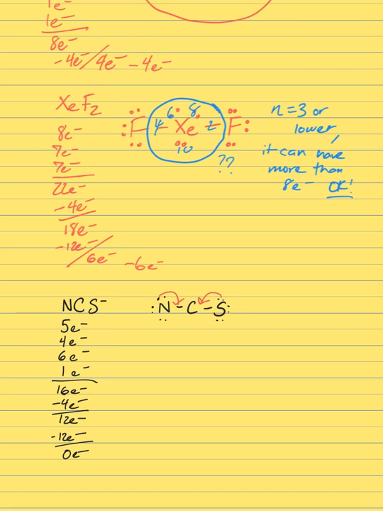So one option is to move 1 pair of electrons from nitrogen and sulfur. Another option we could have done is to move 2 from one of them, or 2 from the other one of them.